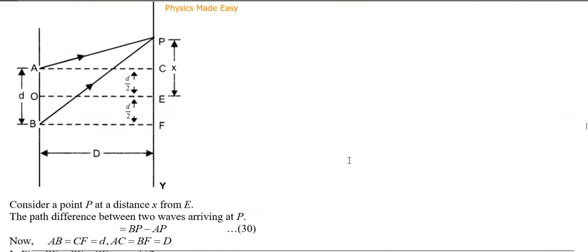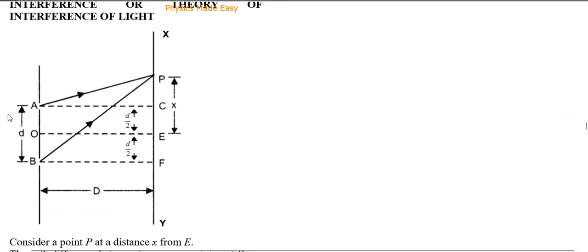This is the distance between the sources, which can be represented by small d or a. This is very small, in millimeters. And this is the distance of the screen, which is in meters, for example, 1.4 meter.